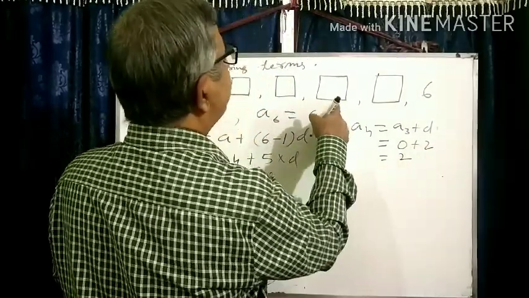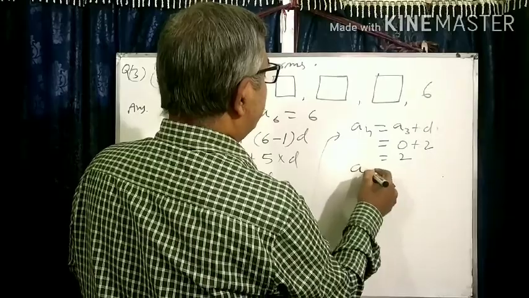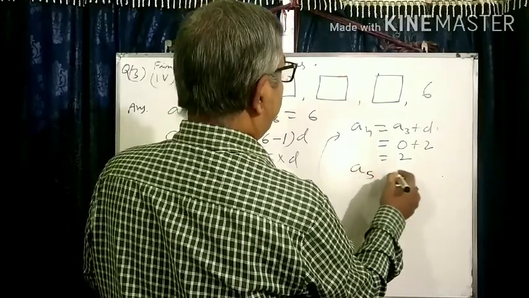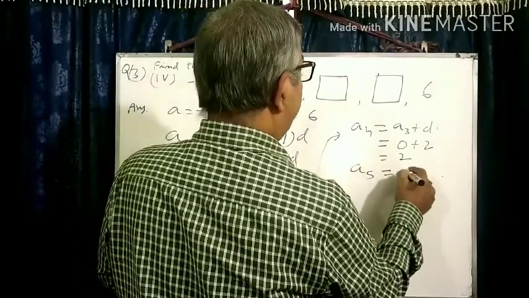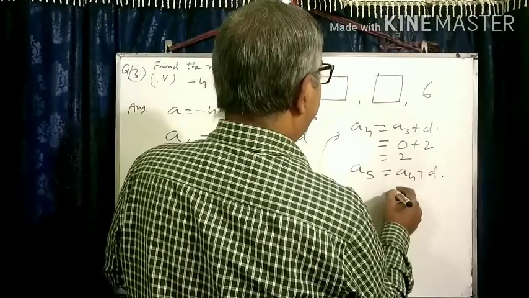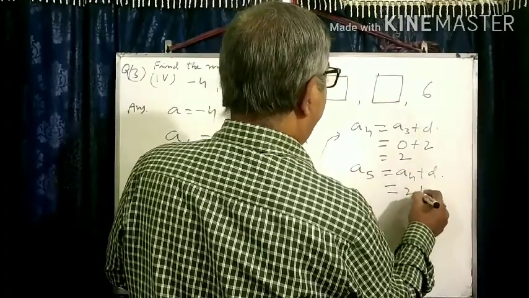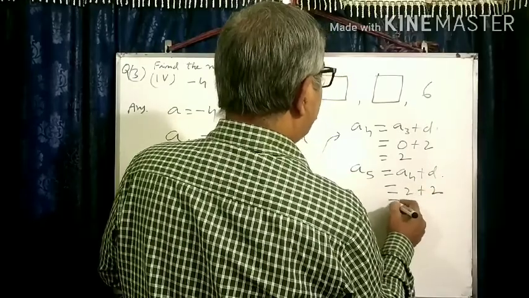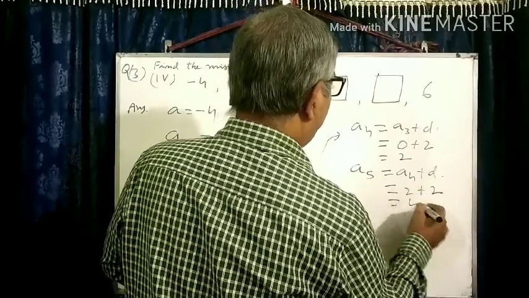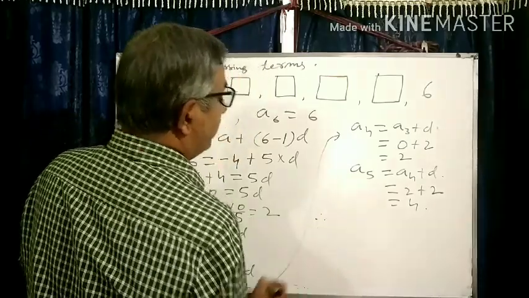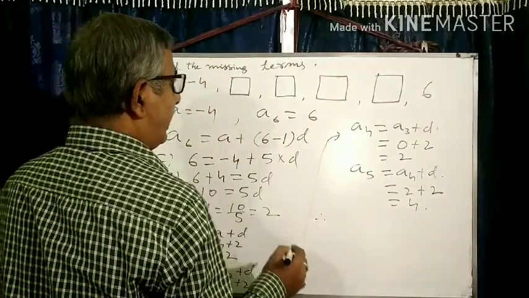Now A4 you got. A5 is equal to A4 plus D. Therefore A4 you got 2 and common difference is 2. So 2 plus 2 is 4.